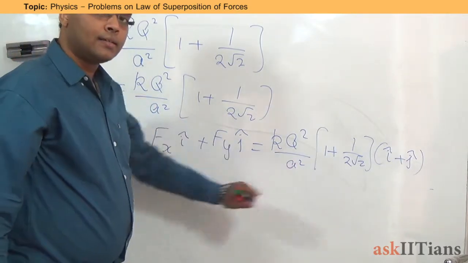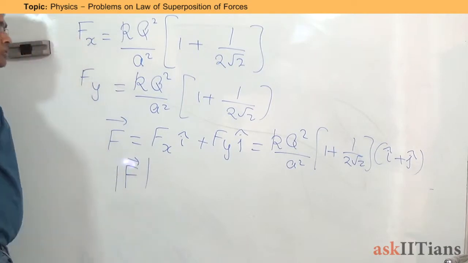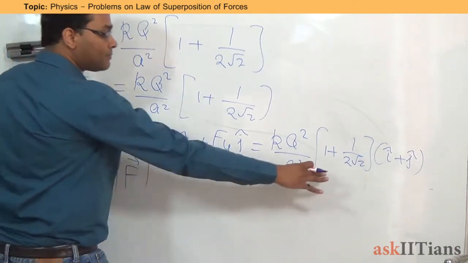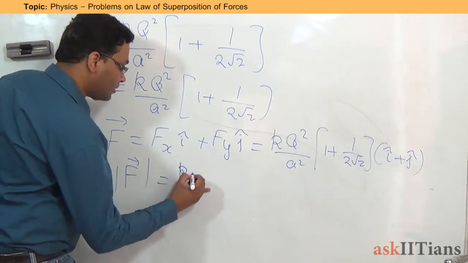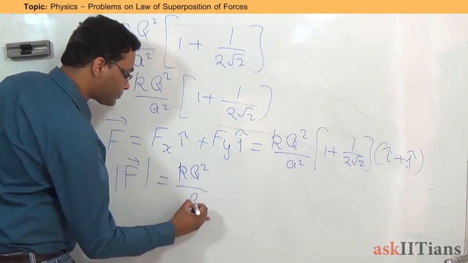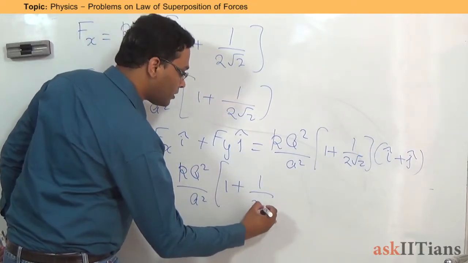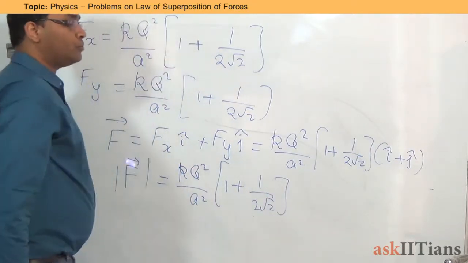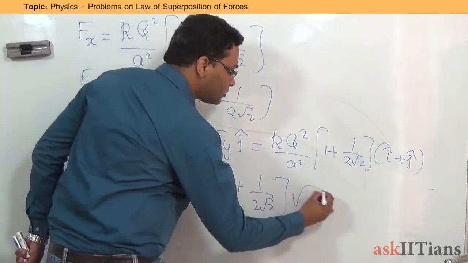So this is the vector, and if I want to find out the magnitude of this, this part is going to remain the same. So I can simply say it is KQ square upon A square, and here I'll get 1 plus 1 over 2 root 2.